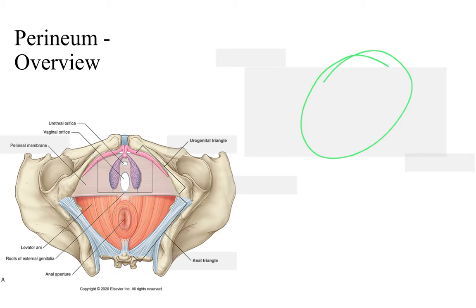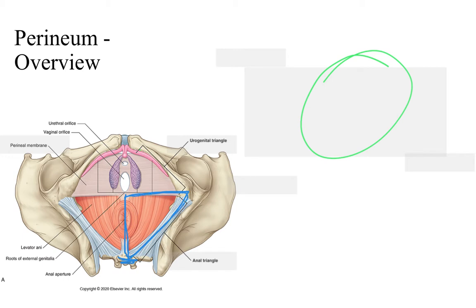To make this easier to understand and to look at, this region is often divided into triangles. So in the posterior portion, towards the sacrum, we have what we've referred to as the anal triangle.